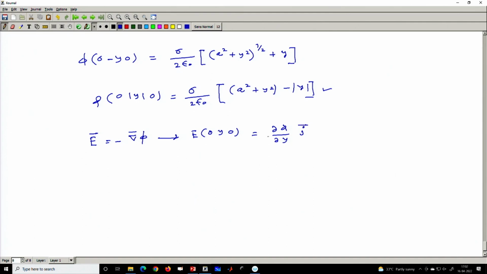If I do that, the electric field comes out to be sigma divided by 2 epsilon 0 times 1 minus y divided by square root of a square plus y square, in the unit vector j.